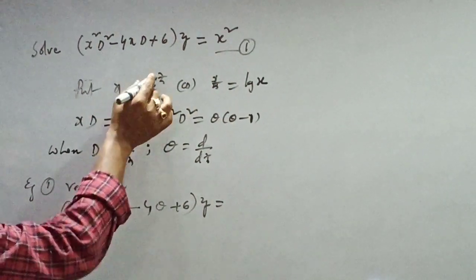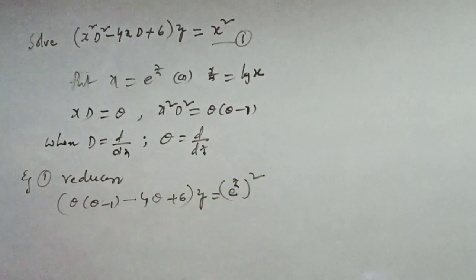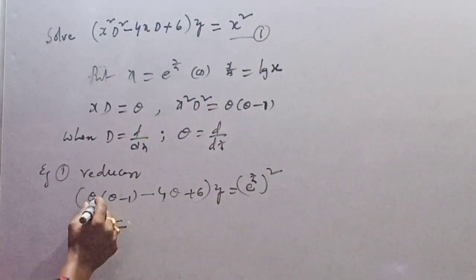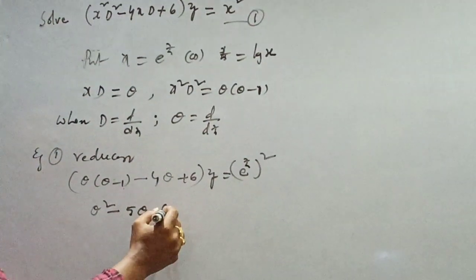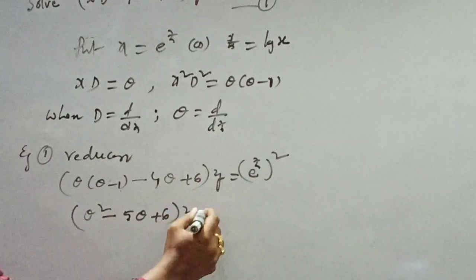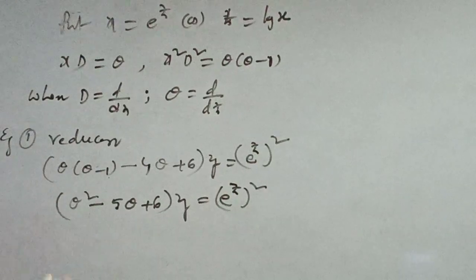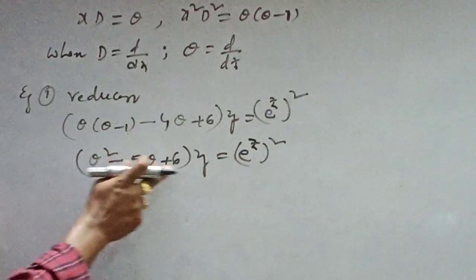X means e to the power of z, so e power z whole square. Okay, you can simplify: theta square minus theta minus 4 theta plus 6 of y equal to e power z whole square. Okay, so it is a differential equation with constant coefficients.